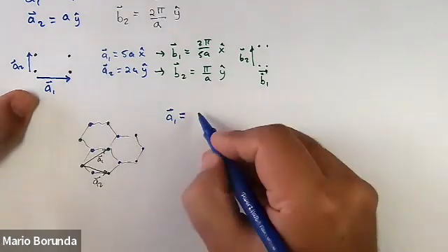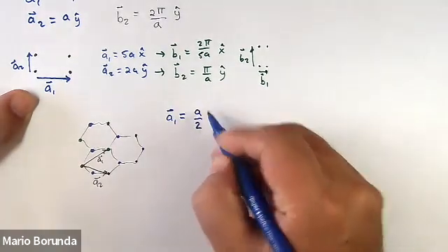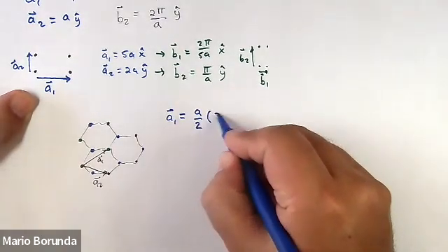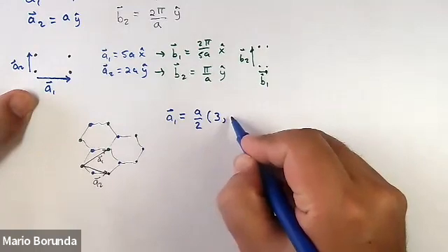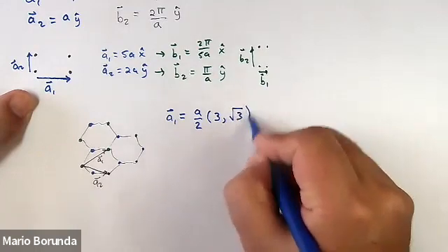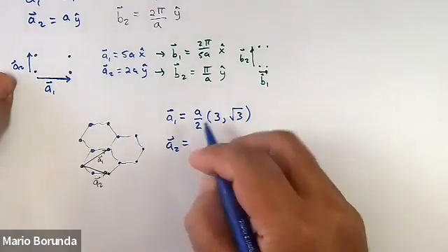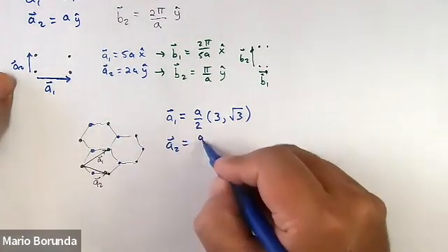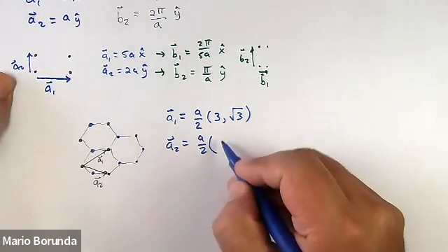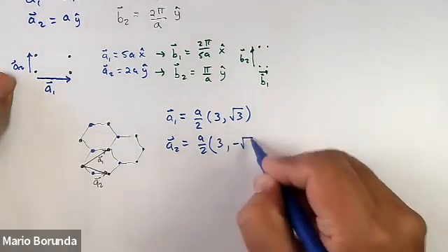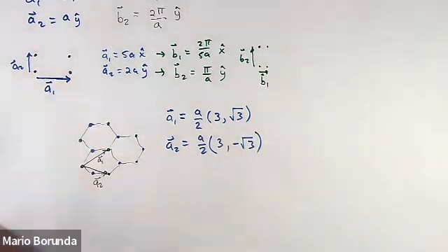Now this is graphene, right? So A1 is A over 2, with 3 and then square root of 3 in vector form. And A2 is like that.